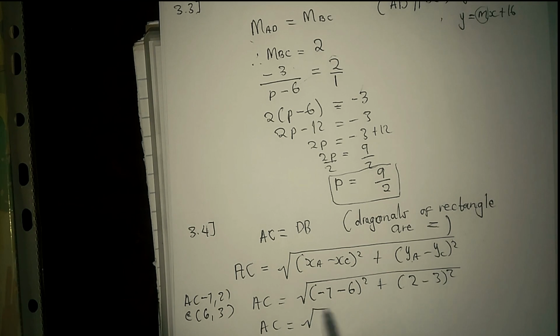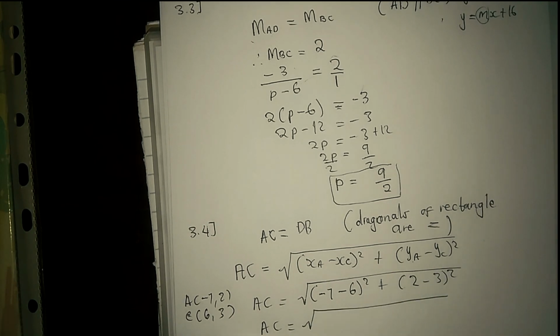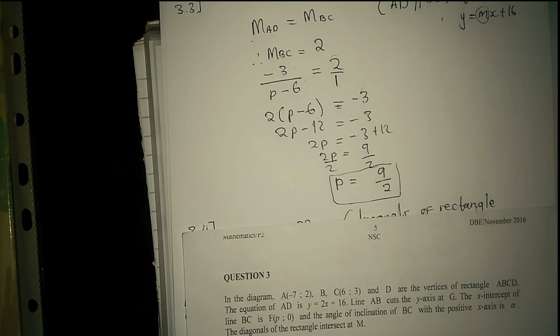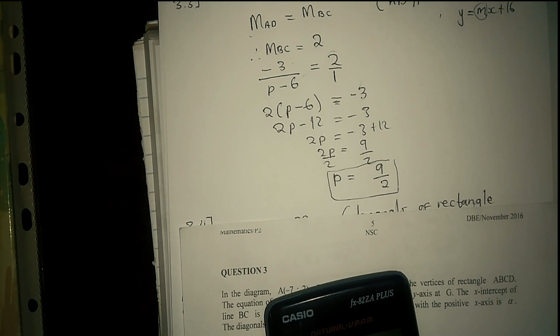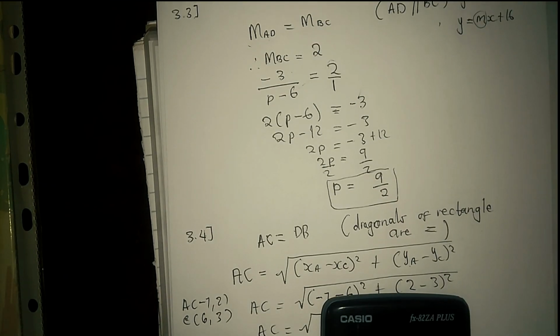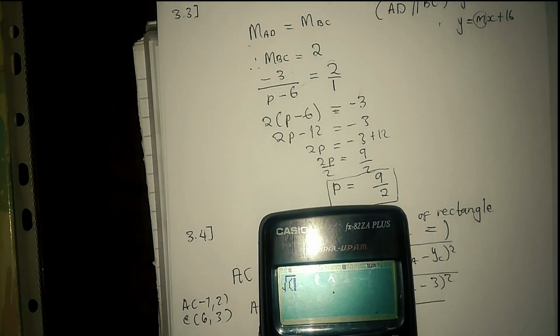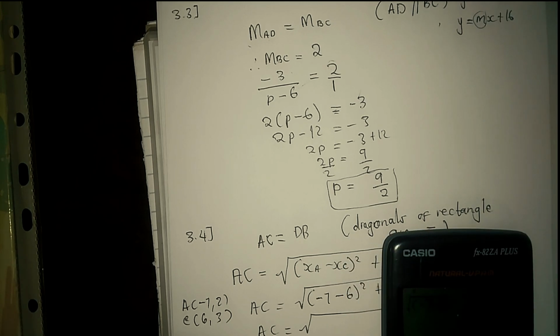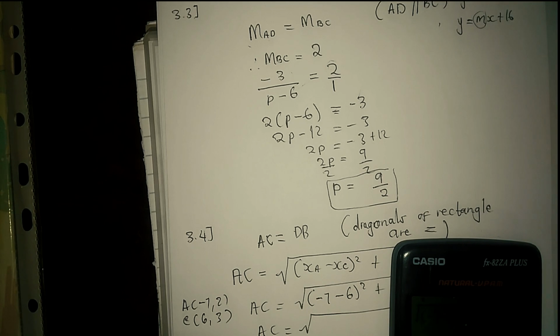We use a calculator for the square root: (-7 minus 6) squared plus (2 minus 3) squared.